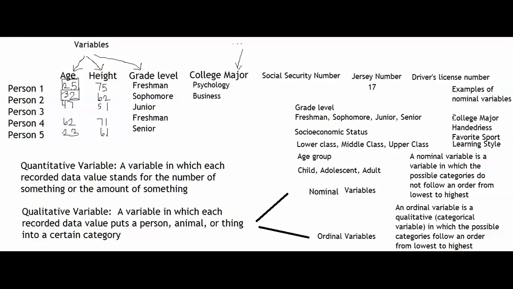Those categories don't follow any type of order from lowest to highest. Maybe different types of cars, like black cars, red cars, yellow cars. I don't think those categories follow an order from lowest to highest, so it would be nominal.